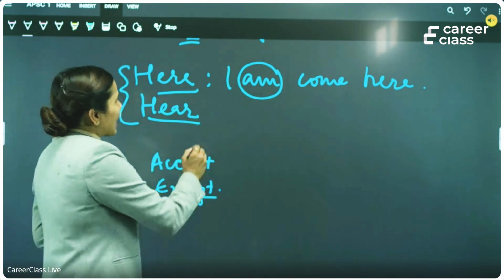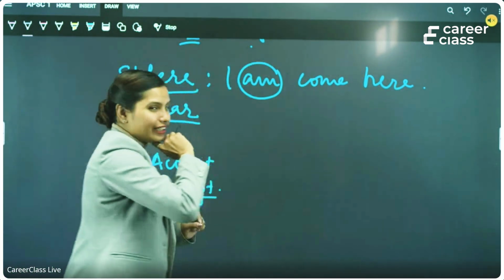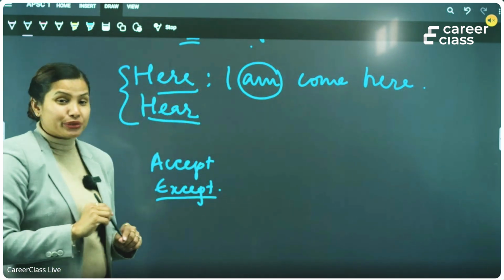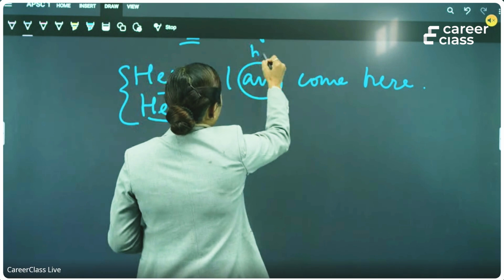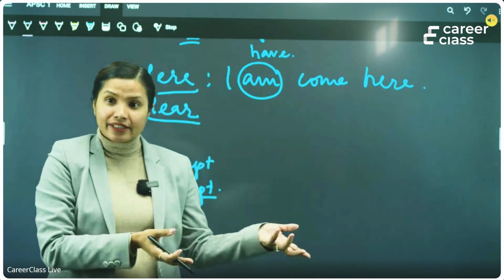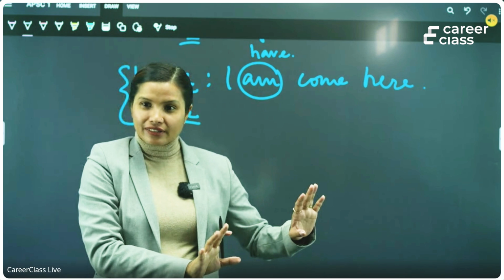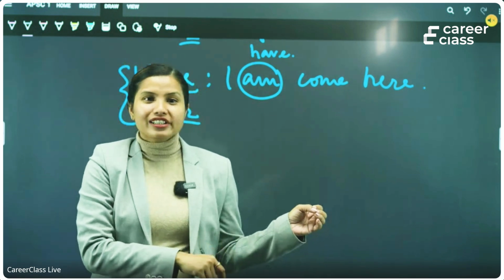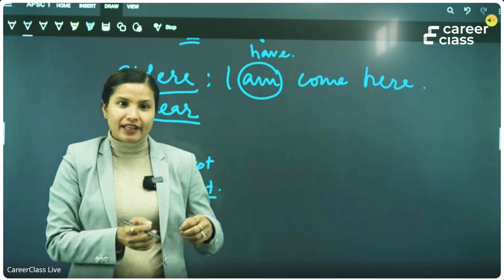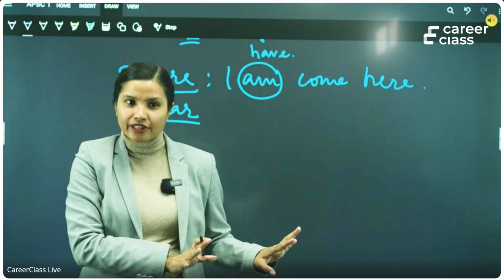What form will we use here? We'll be using the perfect tense. I have come here, because you're already here, right? That is completed, right? You will not come tomorrow. That part of your coming here has already been done, right?